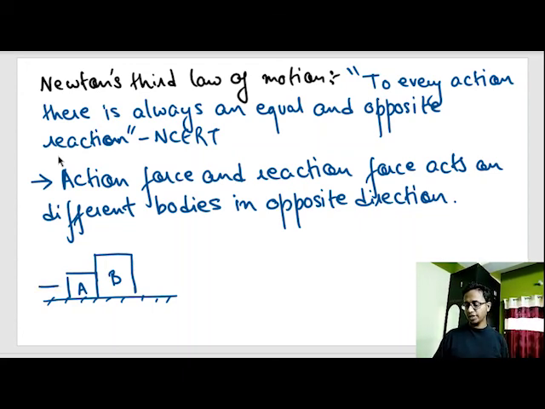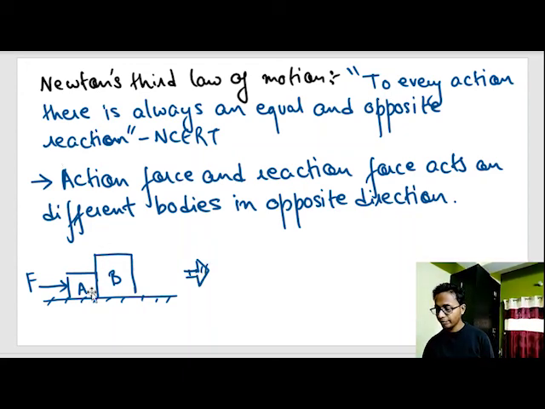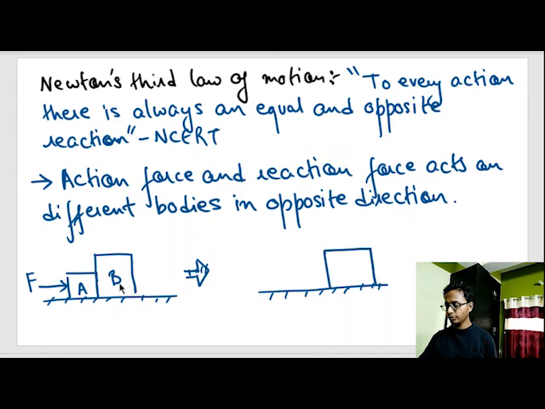Now suppose I apply some force from the left to block A. Now see this block B. The surface of block A will be pushing block B towards the right. Now that force is called the normal reaction force, or NA.